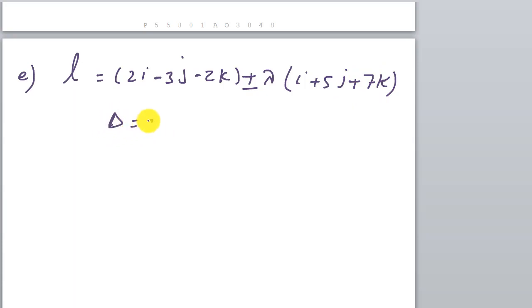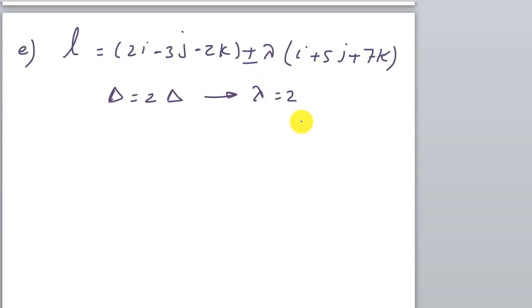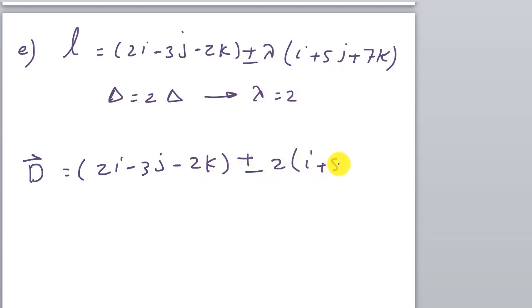The triangle is equal to the other triangle, so lambda is equal to 2. So now the vector D is equal to 2i minus 3j minus 2k plus or minus 2 times i plus 5j plus 7k.